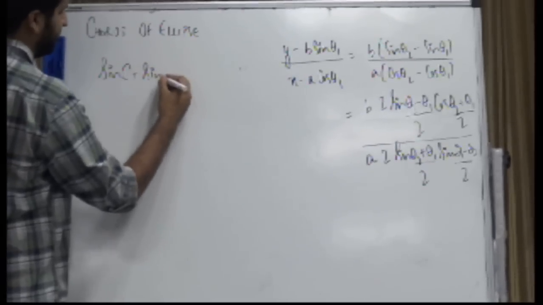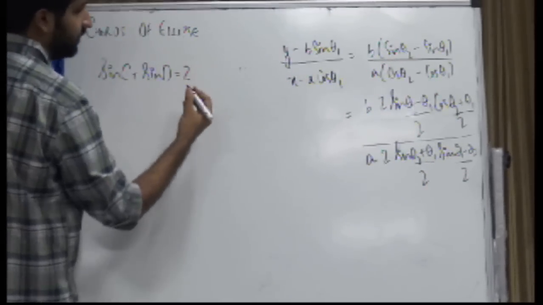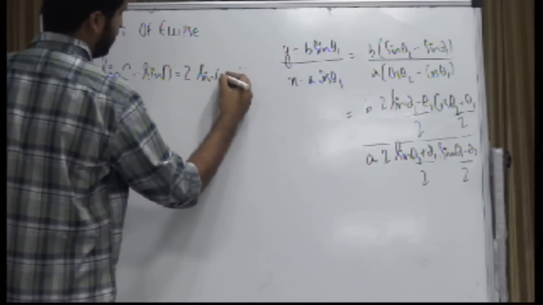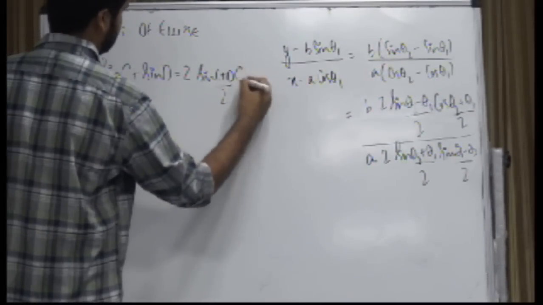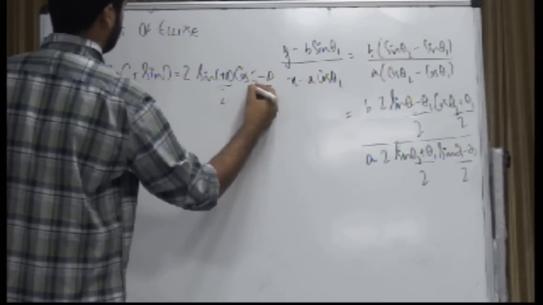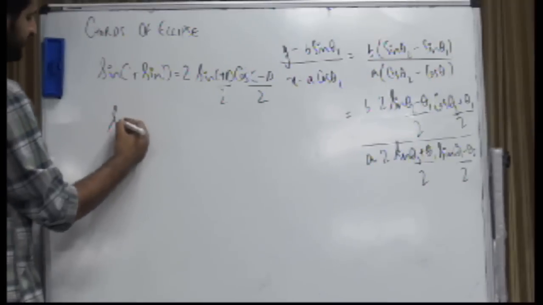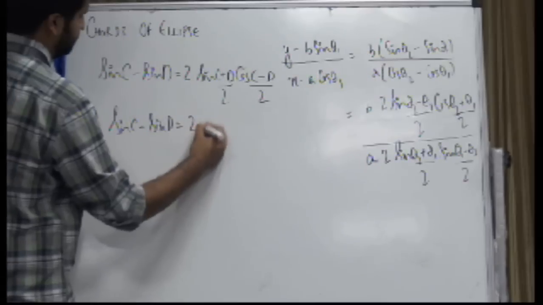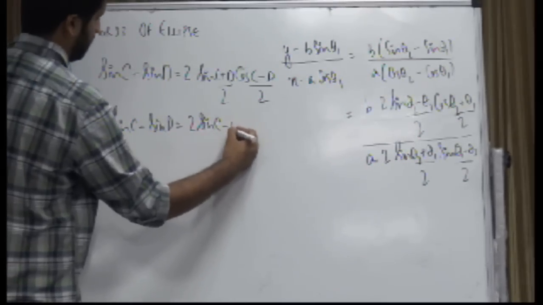Sin c plus sin d is 2 sin((c plus d)/2) cos((c minus d)/2). Sin c minus sin d is 2 sin((c minus d)/2) cos((c plus d)/2).